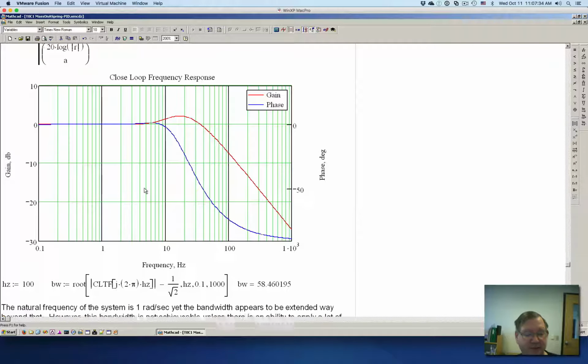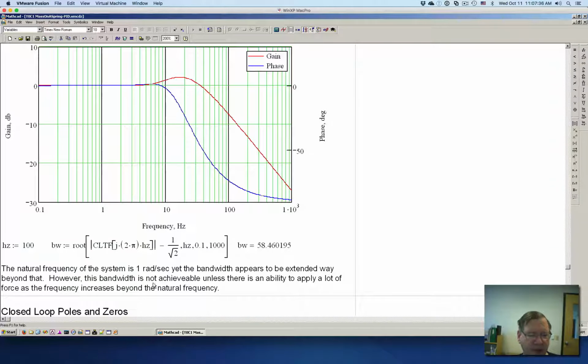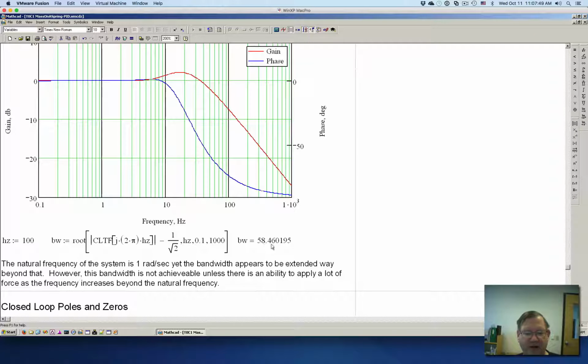But again, the natural frequency is 1 radian per second, and it takes extra force to go out beyond this spot right about here. You can see that I extended the bandwidth out to 58 hertz, but that's not very realistic.